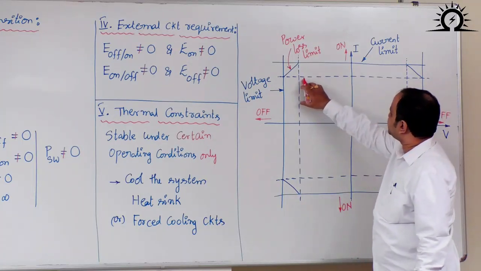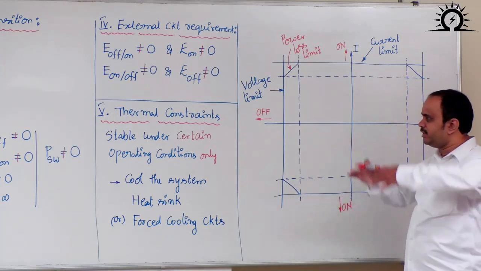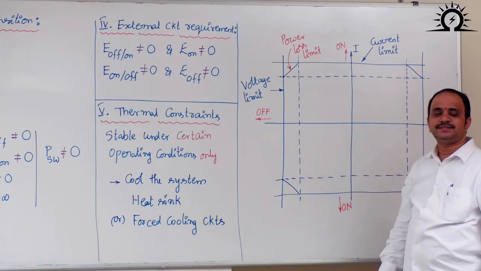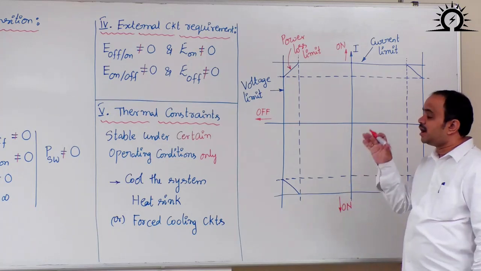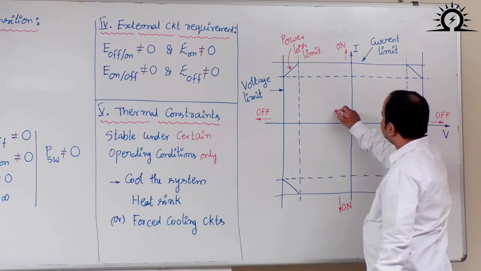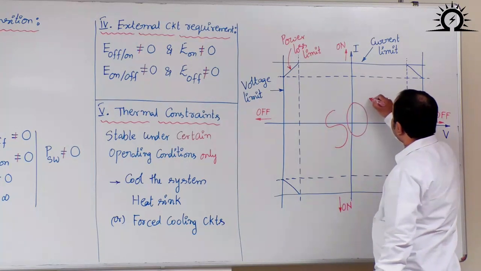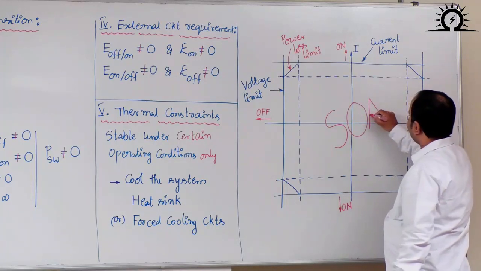By following these constraints, only if you operate within this lower inner window can we say that device operation will be safe. Hence, this particular area is called the safe operating area.